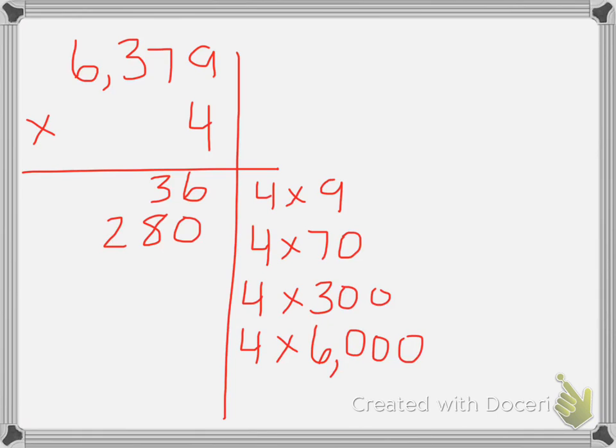Now I have 4 times 3, which is 12, but 12 times 100 gets me 1,200 or 12 hundreds. And last one here is 4 times 6,000. 4 times 6 is 24. 24 times 1,000 is 24,000.